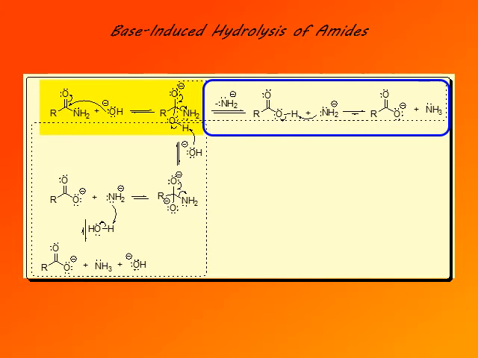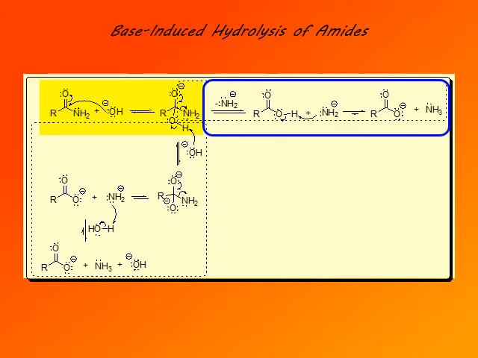In the final step, an acid-base reaction, the amide anion picks up a proton from the carboxylic acid to give carboxylate anion and ammonia. Carboxylate anion is more stable compared to the starting carboxylic amide, and that makes the overall process thermodynamically favorable. So under basic conditions, the process is thermodynamically favorable because the product is carboxylate anion. If we want to isolate the carboxylic acid, we should protonate the reaction mixture.